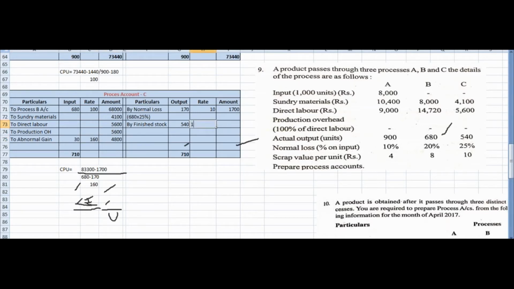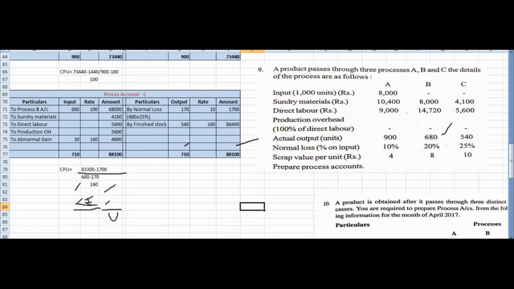Do the same. 160 into 550, how much? 86,400. Now you find the total of this column, 88,100, and this column total. If it is not equal, what did we do? Both sides are perfectly the same.